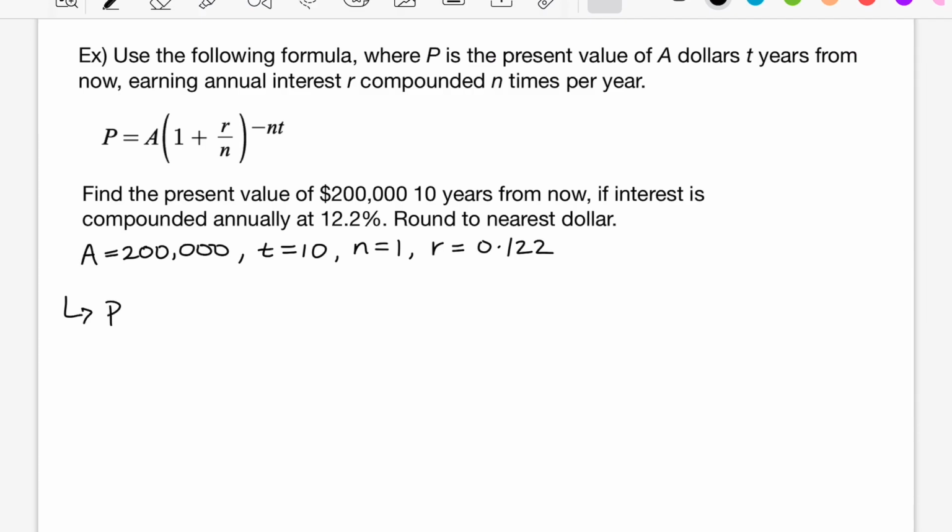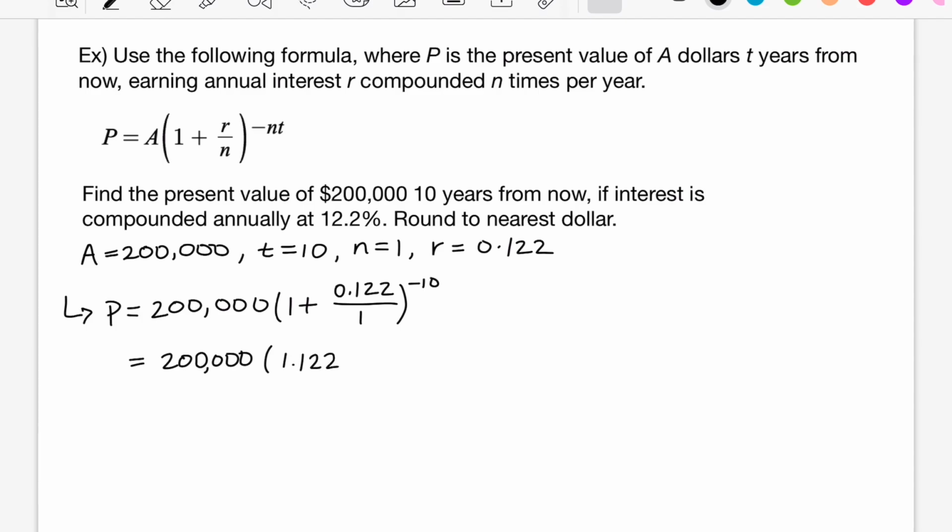All right, so using the formula above, we get this here. Evaluating what's inside the parentheses, we get approximately $63,255 here.